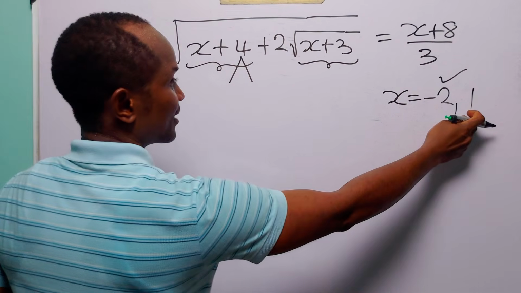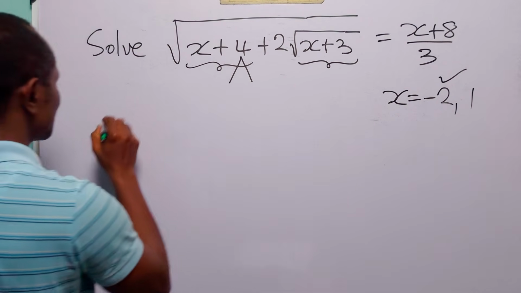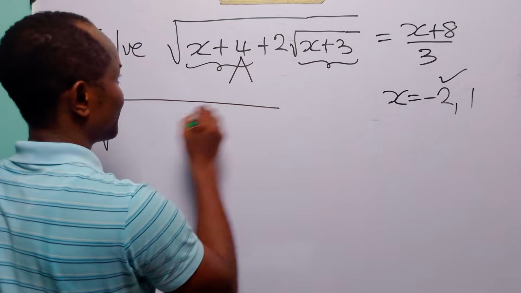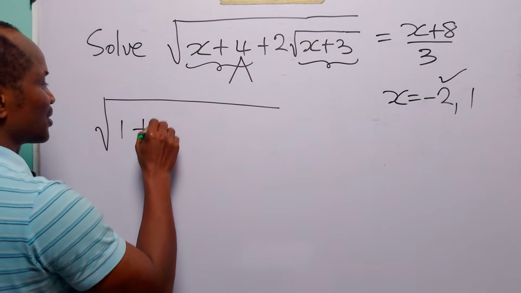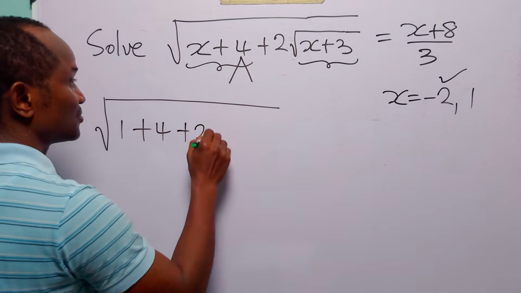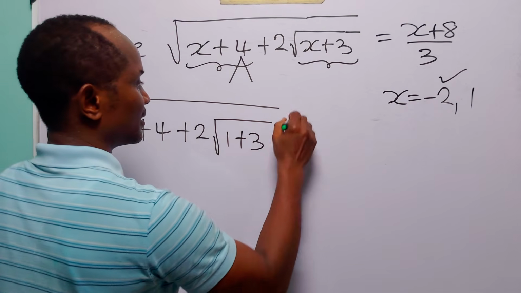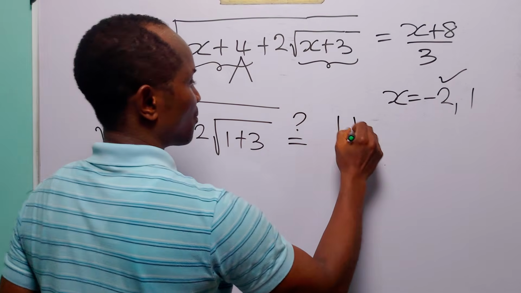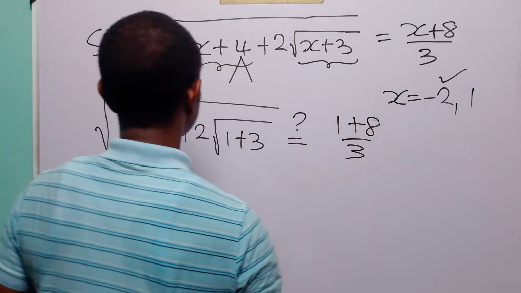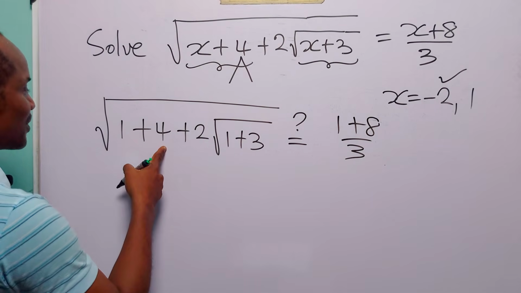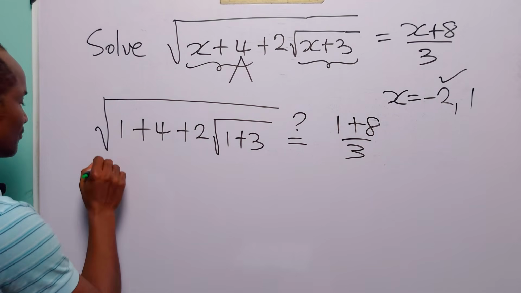And when x is equal to 1, the original equation becomes the square root of 1 plus 4 plus 2 times the square root of 1 plus 3. Is this equal to 1 plus 8 over 3? 1 plus 4 is 5.